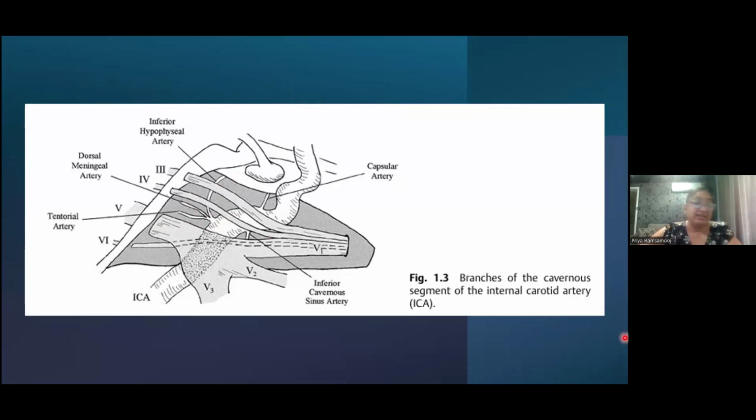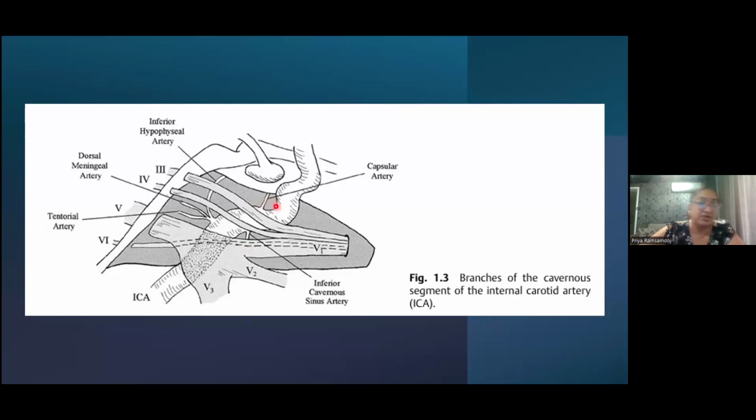And then you have the inferolateral trunk, which is this bit right here, or the artery of the inferior cavernous sinus, which then travels to the inferolateral cavernous sinus wall, the tentorium, the foramen ovale and spinosum to supply cranial nerves 3, 4, 5, and the Gasserian ganglion. And then lastly, the third one would have been the medial trunk, right?